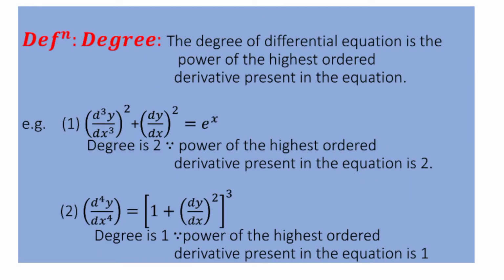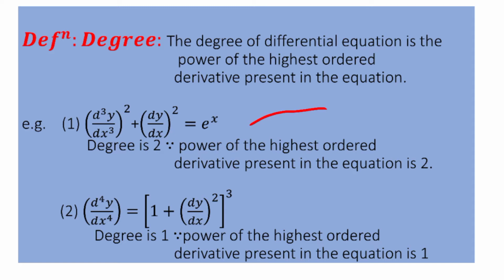Then definition of degree. The degree of a differential equation is the power of the highest order derivative present in the equation. Now, what is degree? See the example, d3y upon dx cube the whole square plus dy upon dx the whole square is equal to e raised to x.